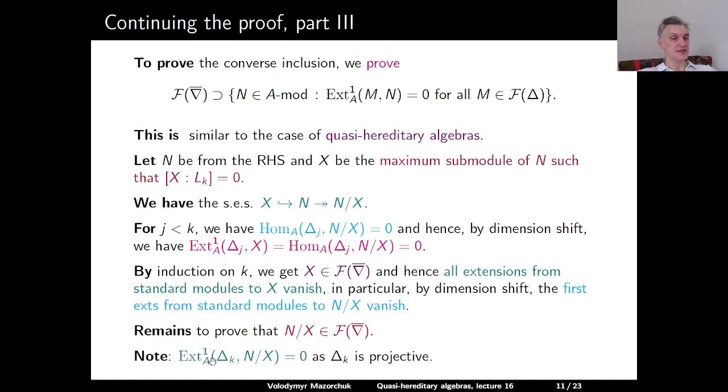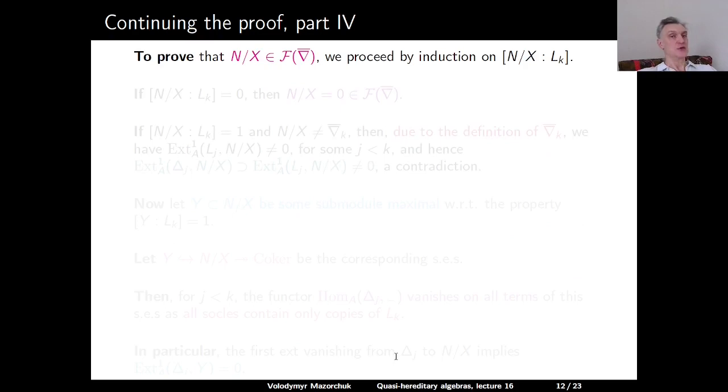Note that the first extension from Δ_k to N/X vanishes because Δ_k is projective. So in order to prove that N/X has a proper costandard filtration, we proceed by induction on the multiplicity of L_k in N/X. If this multiplicity is 0, then N/X is a zero module, so this belongs to F(∇̄).